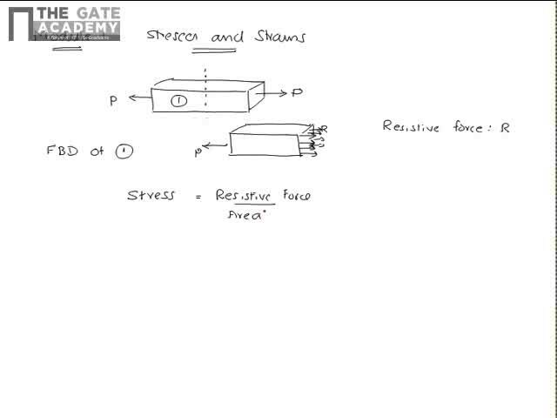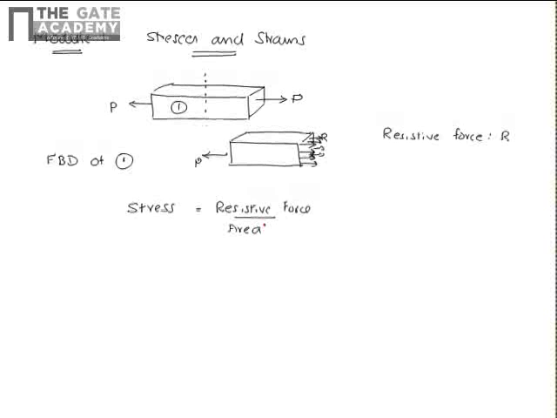All these concepts we have already learned in strength of materials. This is just a recap of the strength of materials. And this stress which acts normal to the cross section is called normal stress. Therefore, stresses basically are of two types. One is called normal stress and the other is called shear stress.